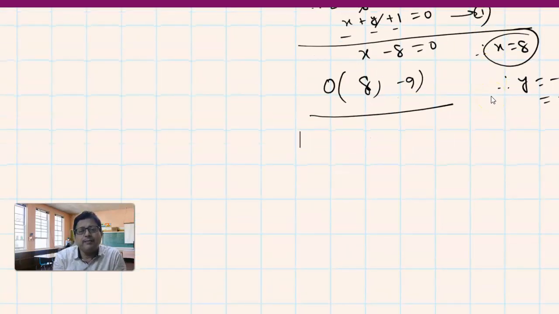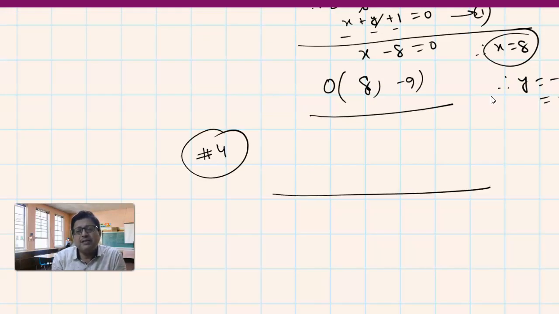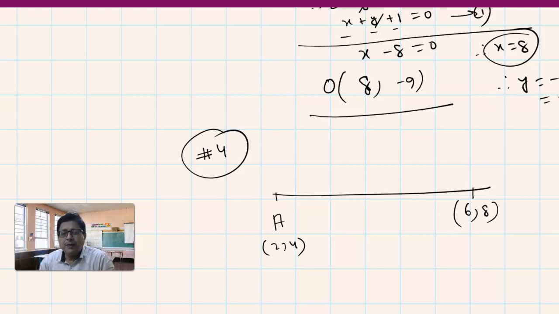Another kind of problem which is very common here is to find the equation of the perpendicular bisector of the line segment joining, say, (2, 4) and (6, 8). How to find the equation of the perpendicular bisector of the line segment joining A and B?